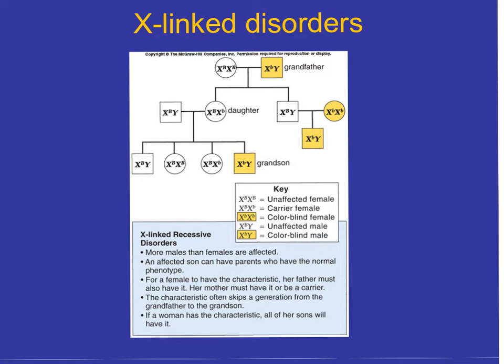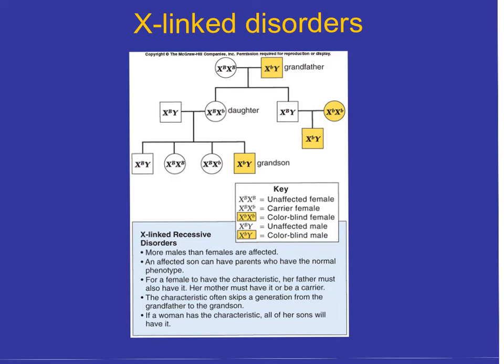This image here shows a pedigree. A pedigree is kind of like a family tree, but for genetics. What's shown here is different generations: grandfather, grandmother, children of those individuals, and children of their children. This is a family key showing which ones are carrying that trait.